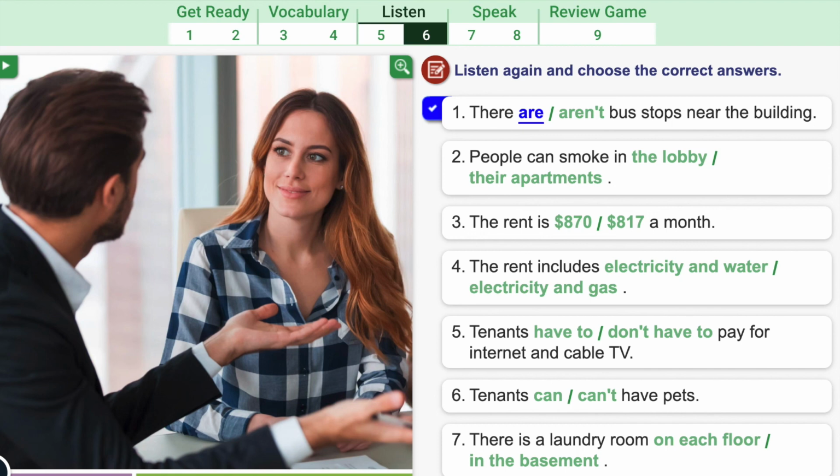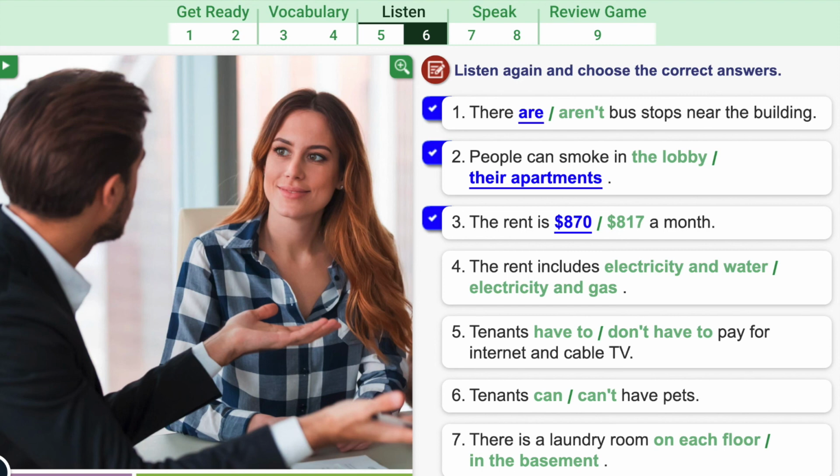Number 2, people can smoke in the lobby or the apartments. If you said the apartments, you're correct. Number 3, the rent is $870 or $817. If you said $870, congratulations.